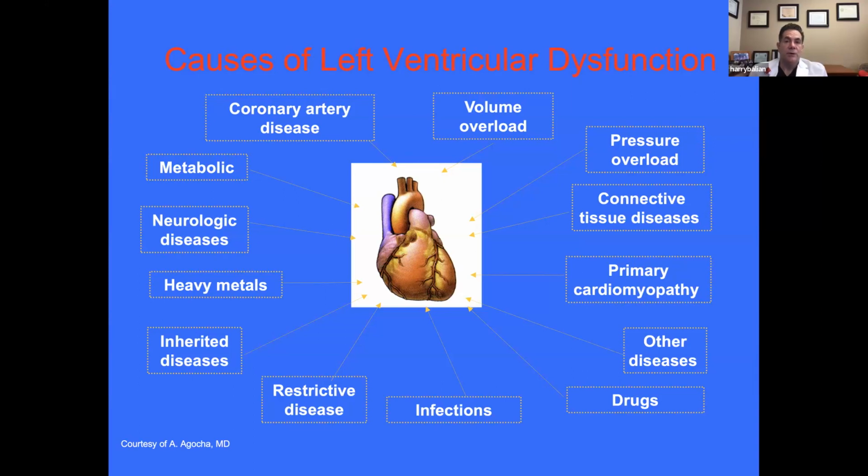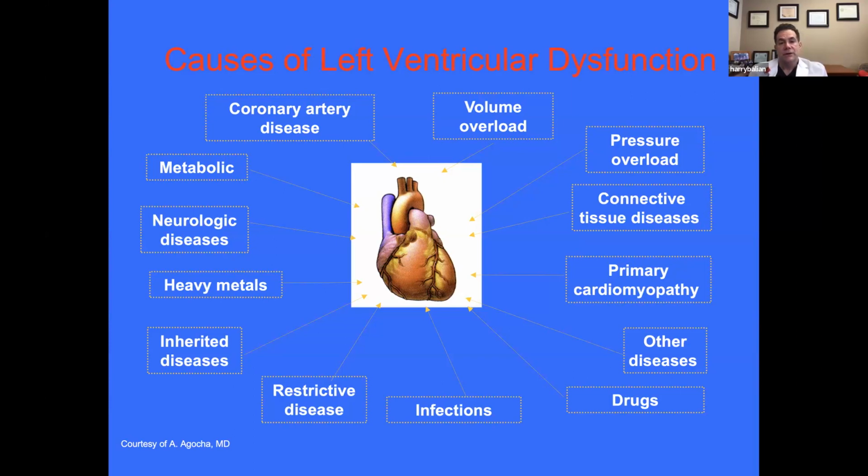They have to be on ECMO, where they need full support of their heart because their EF has dropped to like 5%, and they would otherwise be dead very shortly without that full cardiac support. Some make a full recovery, others may need a heart transplant.